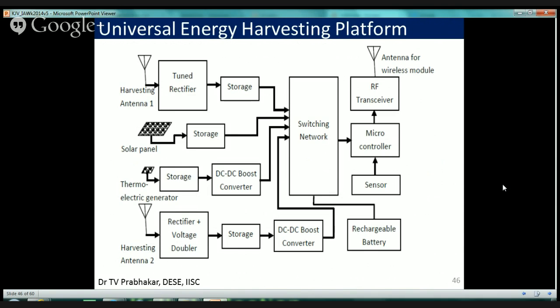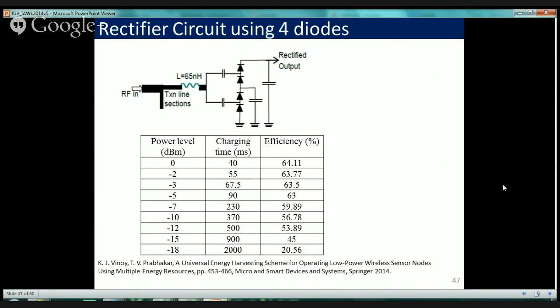We also tried to integrate multiple sources of energy with another set of students in what is called a universal energy harvesting platform. We had sources such as RF, solar, thermoelectric, and the like, and individually evaluated some of those. For example, for the RF harvesting circuit, as before, the efficiency could vary between 20% to 60% depending on the RF input power.